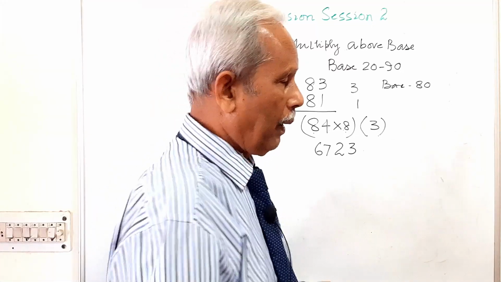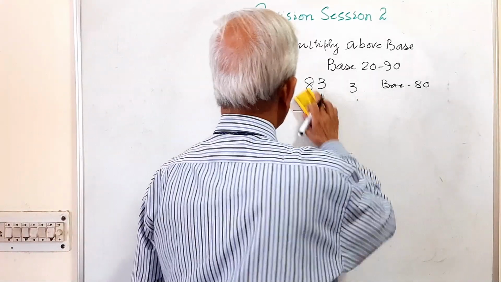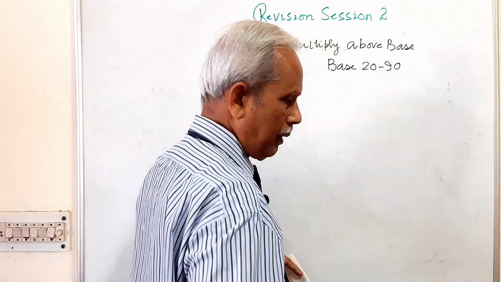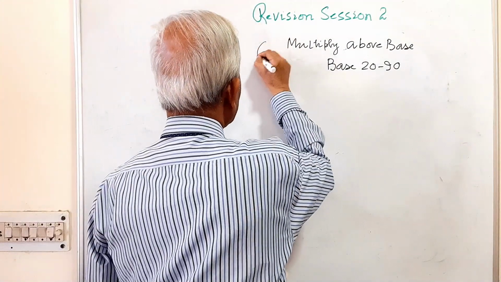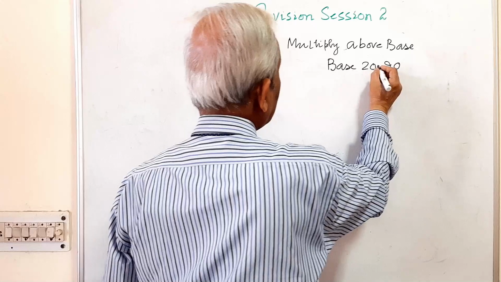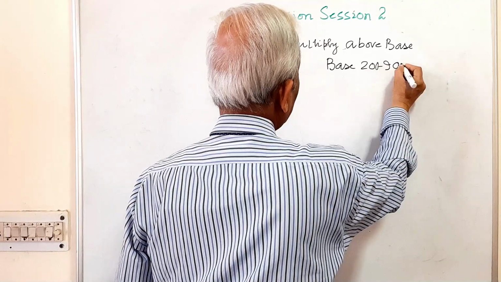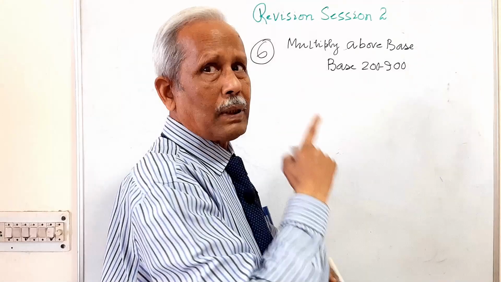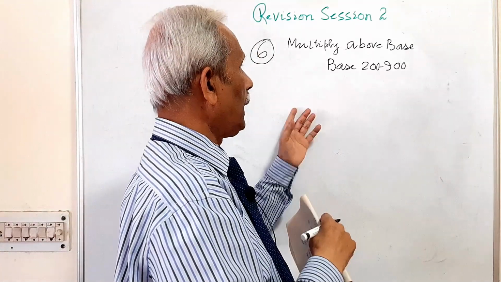Now let us do the next question, the sixth. Just the same question here. The base is instead of 200, it is 200. Multiply the numbers above base, but the base is 200.